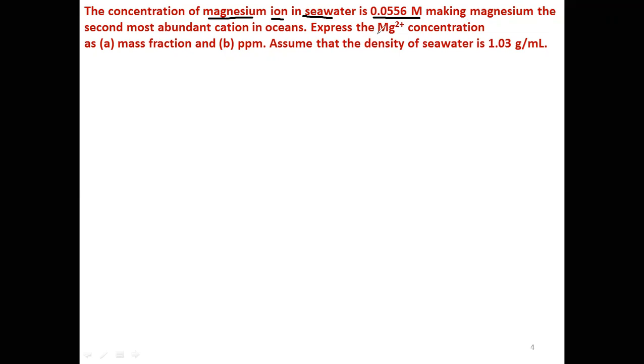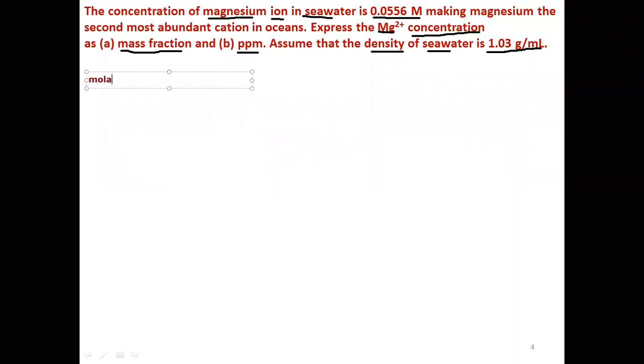He says to express the magnesium 2 positive concentration, first as mass fraction, and second as ppm, and assume that the density of seawater is 1.03 gram per ml.